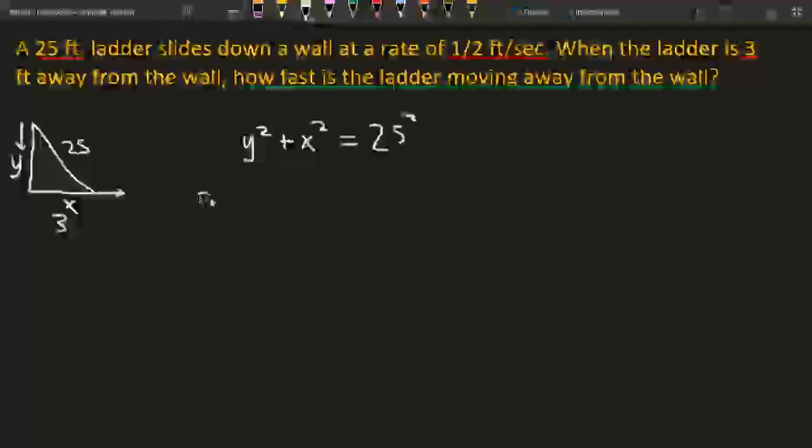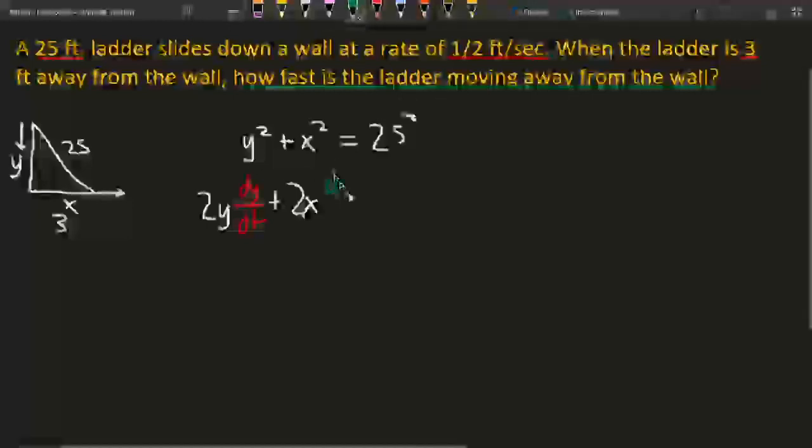So this would be 2y dy/dt plus 2x, and then how fast the ladder is moving away from the wall is actually dx/dt. And this is equal to 0 because the derivative of a constant is 0.